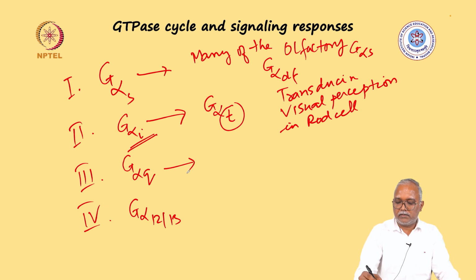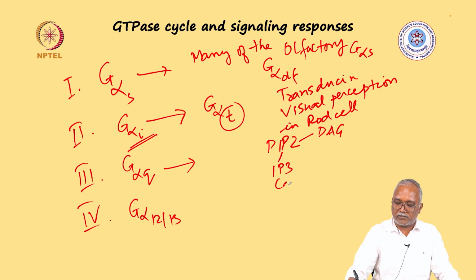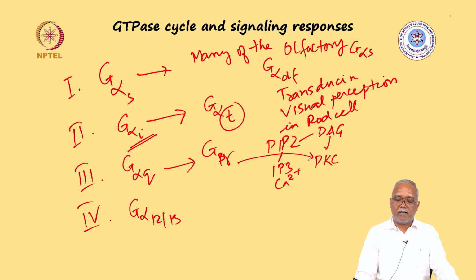Here we are talking about only the G-alpha, and I told earlier that sometimes G-beta gamma also participate in signaling. So when it comes to PIP2 mediated DAG generation and IP3 generation, this helps in calcium release, and this helps in activation of PKC, protein kinase C. So even G-alpha-Q and G-beta gamma of its heterotrimeric combination work on PKC activation.